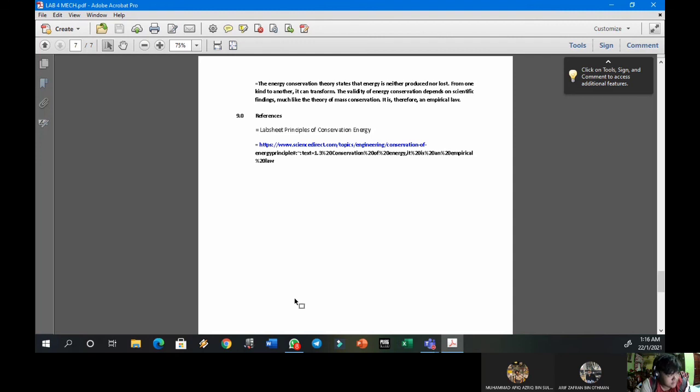The energy conservation theory states that energy is neither produced nor lost, only transformed from one kind to another. The validity of energy conservation depends on scientific findings, much like the theory of mass conservation. It is therefore an empirical law.